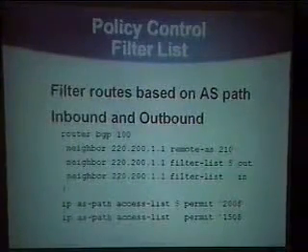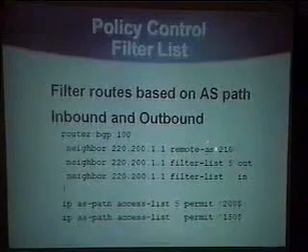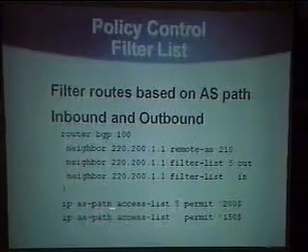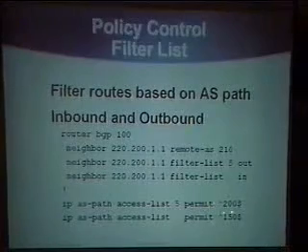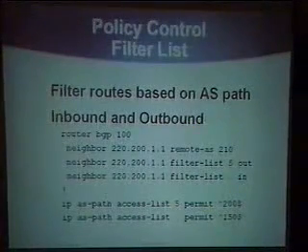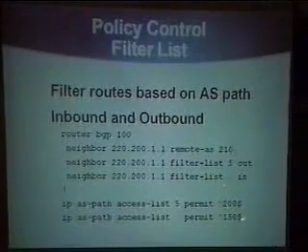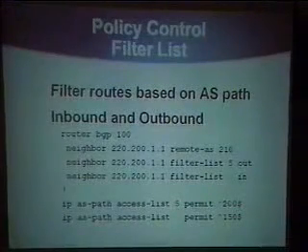You can do filtering based on AS path. Again, similar peering, AS210, filter list 5 out. So list 5 points to this IP AS path access list, which basically says permit ^200$. Those of you who have seen this before will know this means the prefix is coming from AS200. The hat basically means start of a line.